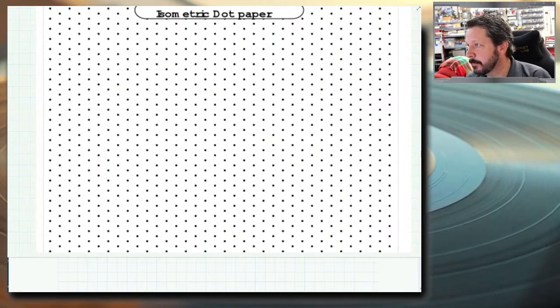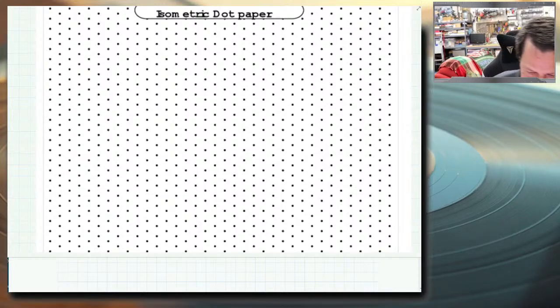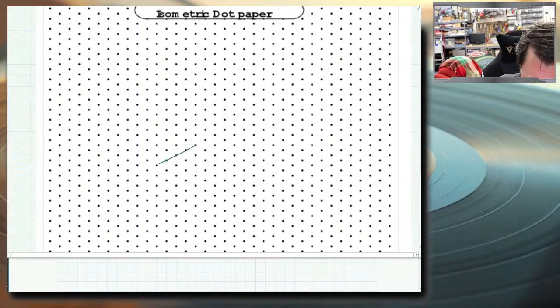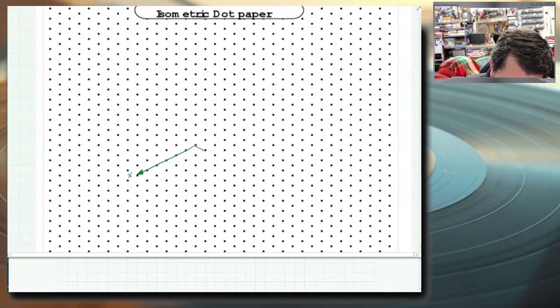I guess that's good enough. So a lot of times we'll have, let's draw an XYZ axis. So let's draw the X along these lines. We'll draw Y out here. And then Z is going to be our vertical axis.